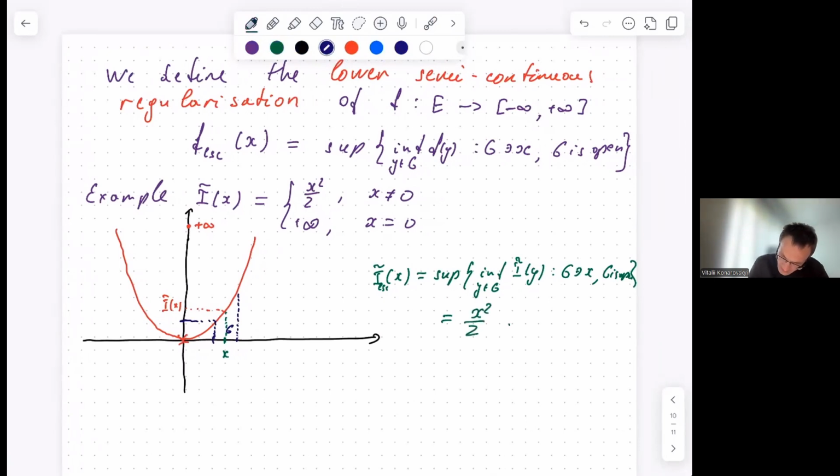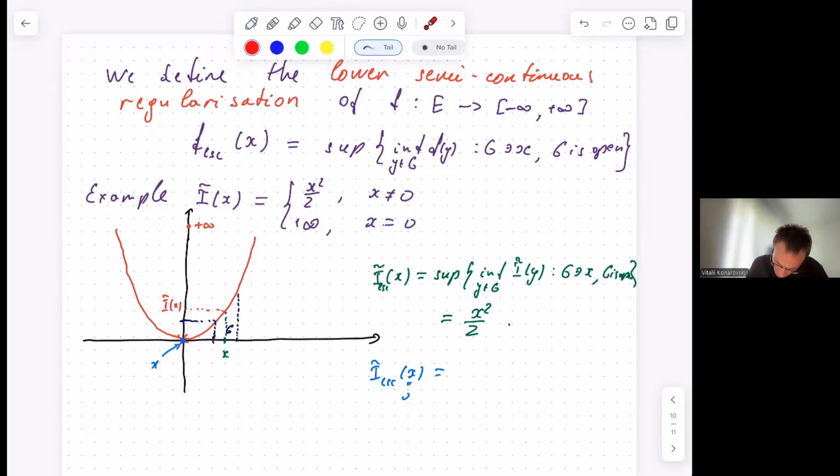But if you take x that is here, then the lower semi-continuous regularization of I at x, now x is equal to 0. Again, you need to compute the infimum over the open set which contains x, and you see that always the infimum will give you 0.